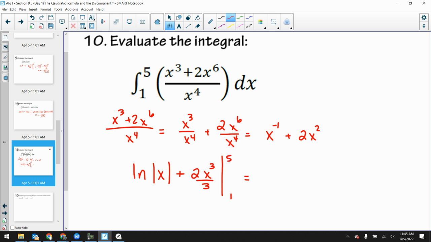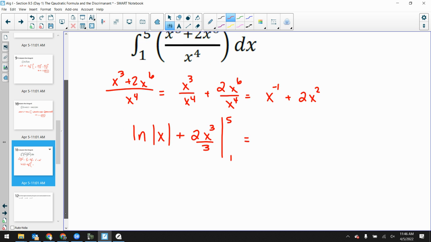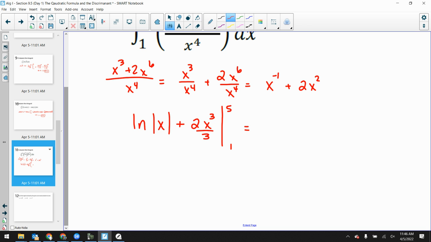Yeah, x to the negative first, that's that weird one that you have to make it natural log. Because remember, the derivative of a natural log is 1 over x. So working backward, 1 over x turns into ln of x. Okay, let's plug in. Same rule applies though. See, at this point, this is easy. All I got to do is just evaluate.